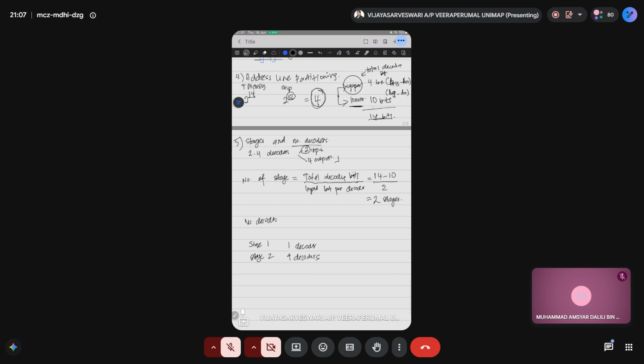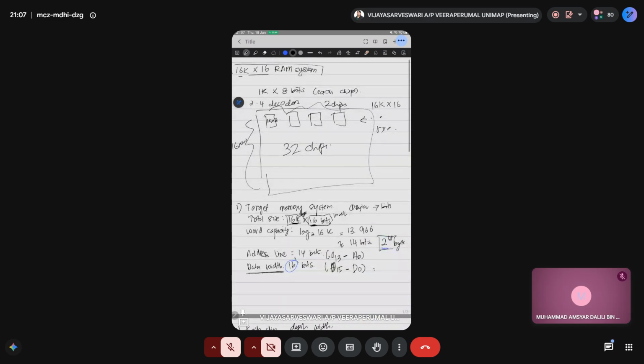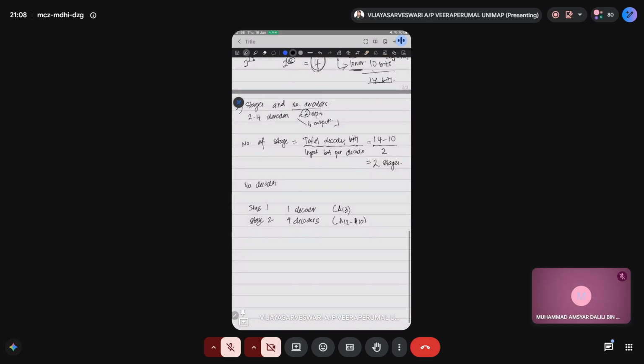So here one decoder will take the highest one, A13, and then the 4 decoders, you will have A12 until A10.